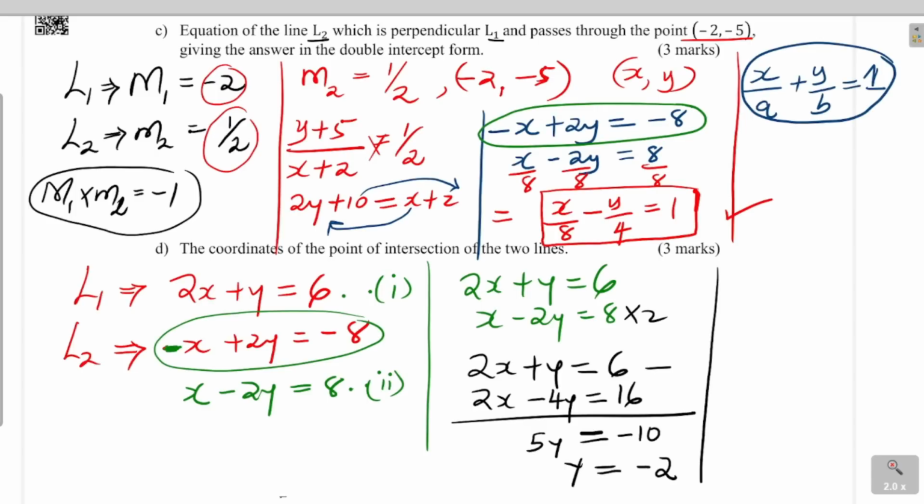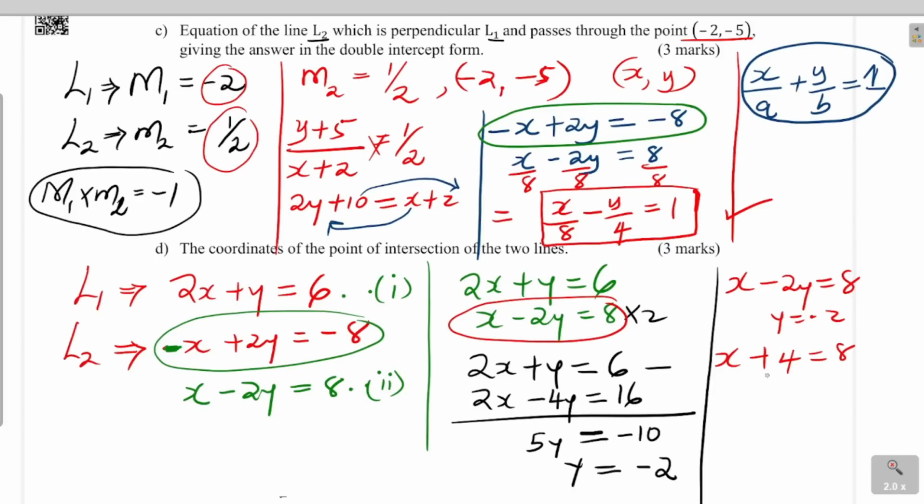So once you get y as negative 2, you can use any equation to substitute. I'll use this equation to substitute. So x minus 2y is equals to 8. So when y is equals to negative 2, x plus 4 is equals to 8, when you substitute y with negative 2.